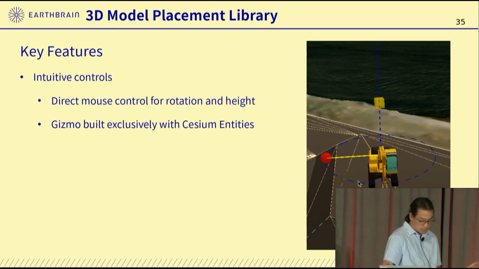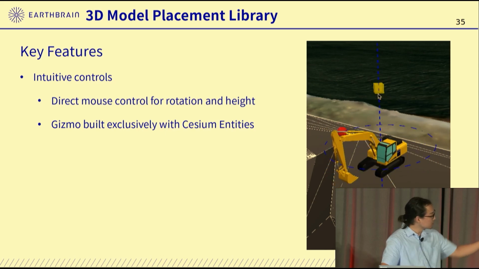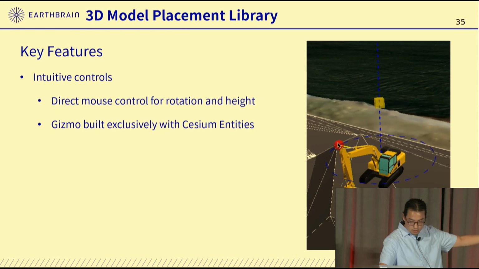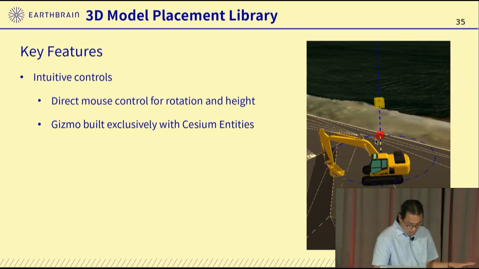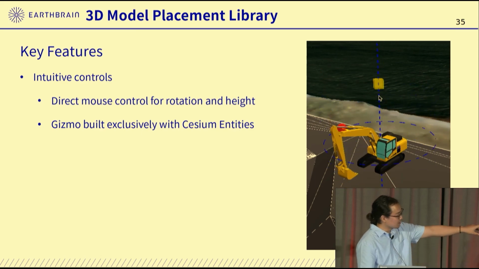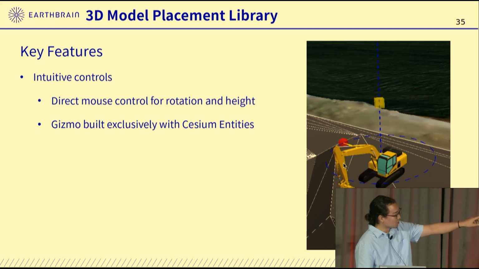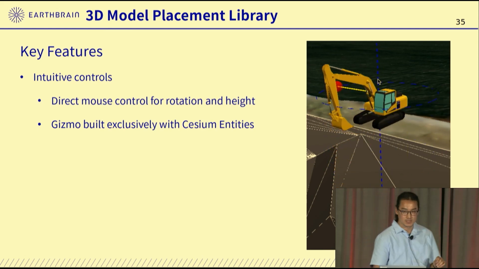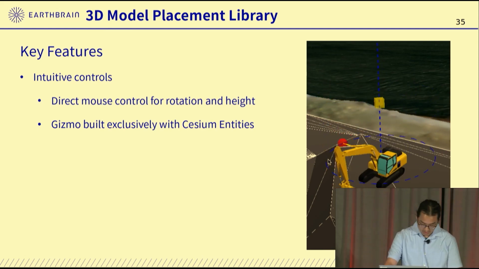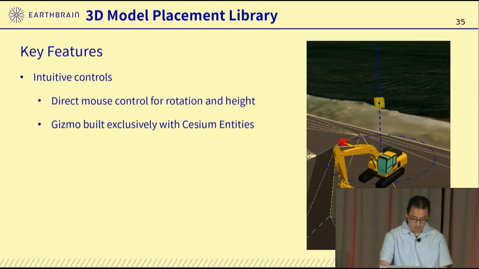Using our API, you can control the models with your mouse on the viewer, including height change and rotation, in real time. The gizmos, the sphere, the yellow block, and the dotted line are also Cesium entities. Thank you for creating this very good development experience.